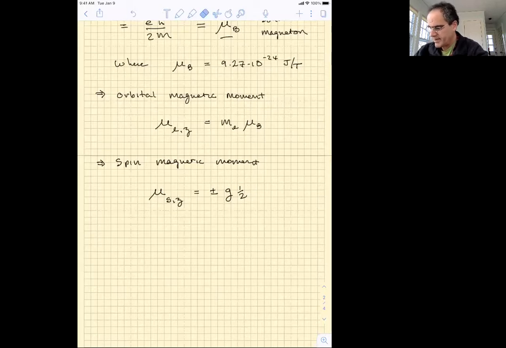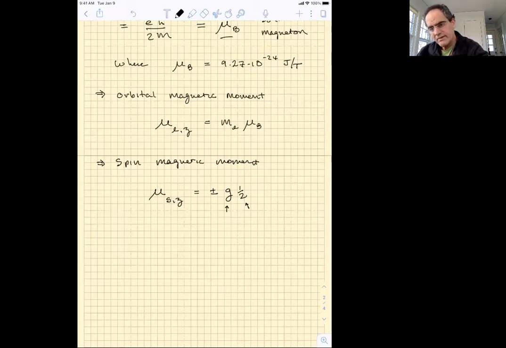Just to explain this, we have a factor of plus or minus 1/2 because the z component of the angular momentum associated with spin is plus or minus 1/2 h bar. And then there's a factor of g as well. g is called the electron g factor, pretty imaginative.